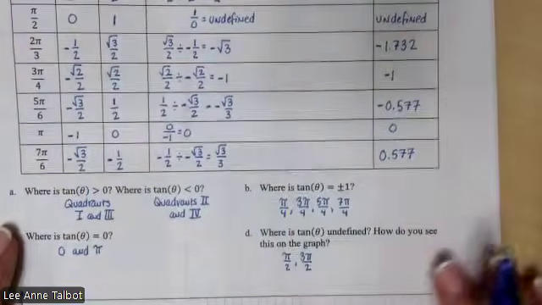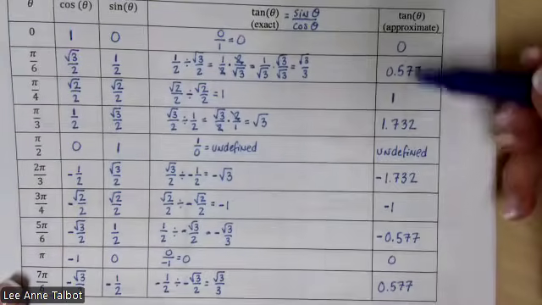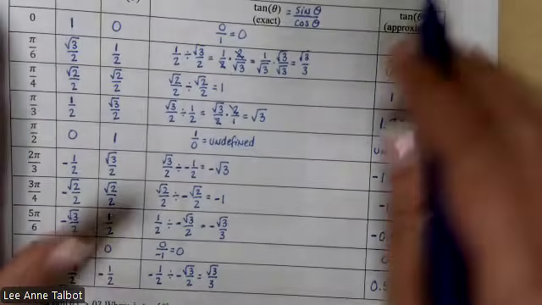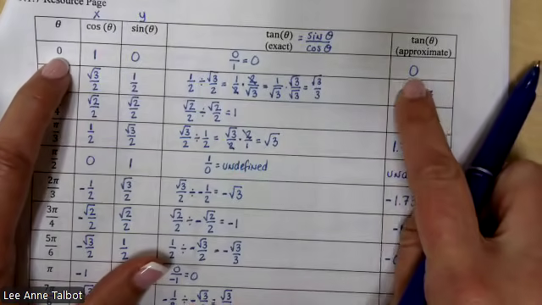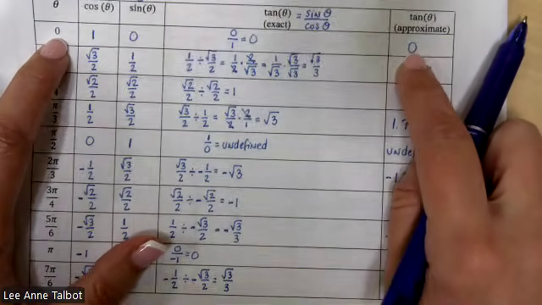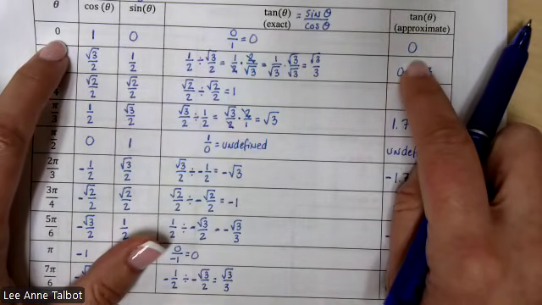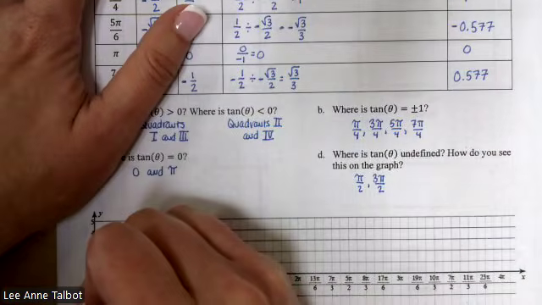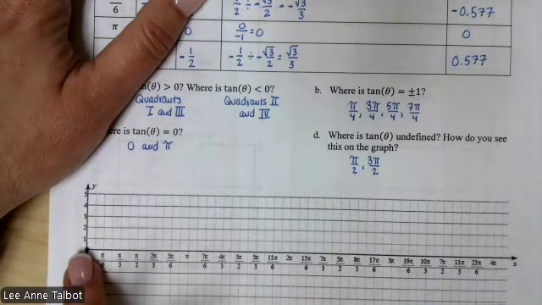Okay, here we go. We're going to graph this off of the approximate values over here. So it says this is the angle and this is the y value of the coordinate. So I want you guys to look at the first thing and the last thing in the table for the graphing. So this is 0, 0. So come down to your graph and make a dot at 0, 0.